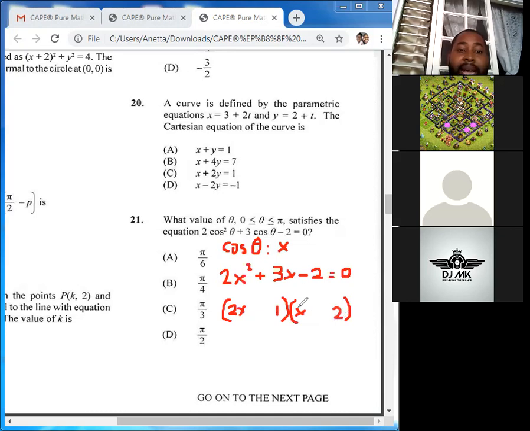You have to figure out what sign goes inside each. Now I want the middle term to be positive, which means that the larger product must be positive. So 2 times 2 is greater than 1 times 1. Therefore, this gets plus, this gets minus. 2 by 2 is positive 4, that is negative 1, 4 minus 1 gives me positive 3. So that is what I'm looking for.